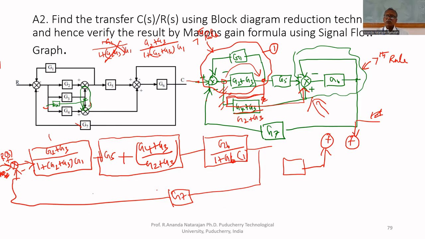Now we have to solve this by using signal flow graph. Now we have to convert this into a signal flow graph. For that, for every junction, we have to name a node, including source node and destination node. This is the source node. C is the destination node.